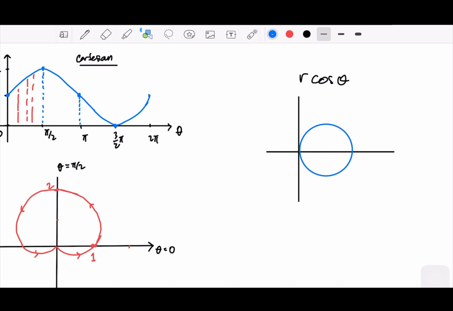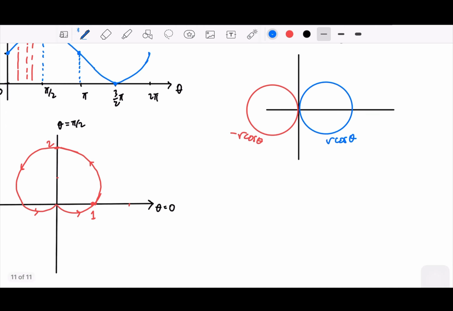Right? Okay? And like I said before, we can also have the negative one here. Okay? So we can have the other one. So this is negative r cos theta. This is r cos theta.